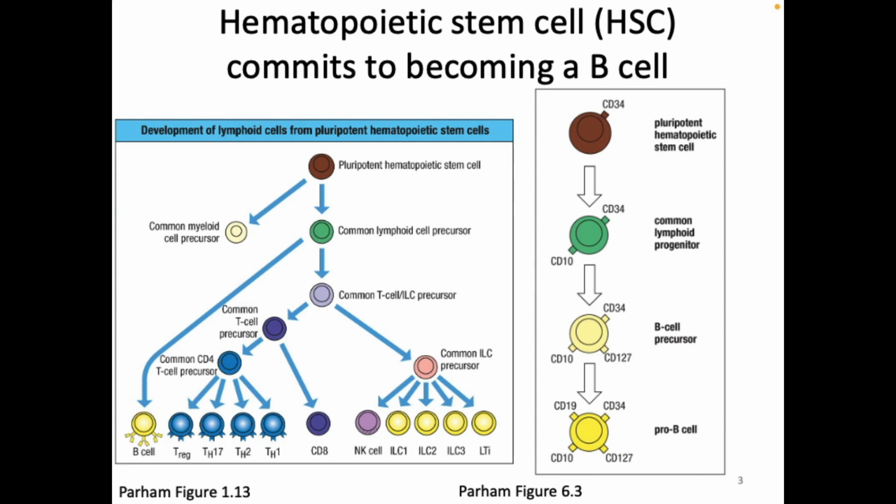So you can see the pro-B cell listed here. If you wanted to think about where we got pro from, you might think about progenitor. So I want you to look at what we see in this image about the pro-B cell.